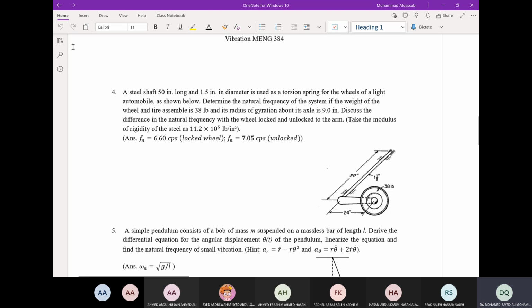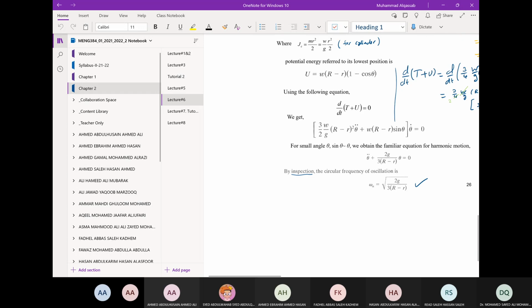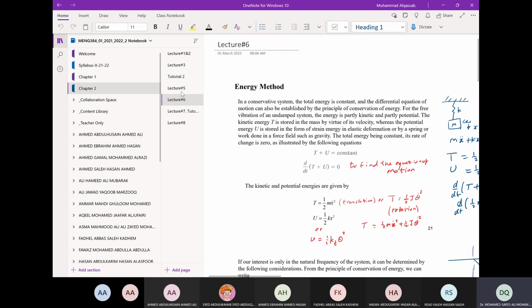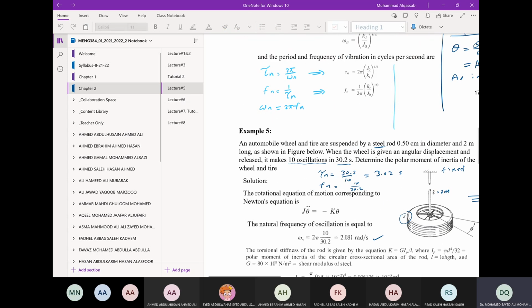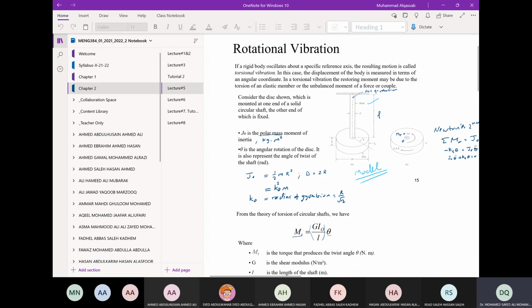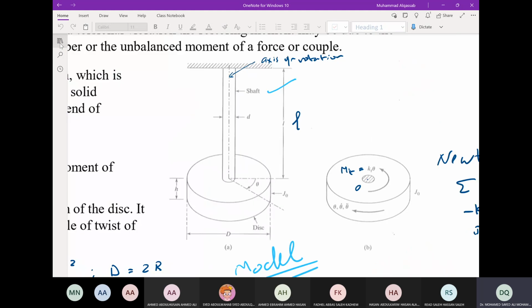What we did in the section of torsion of shaft, this is the lecture, the one before. Okay, so this is the model we discussed in the lecture of the vibration of torsion of shaft.